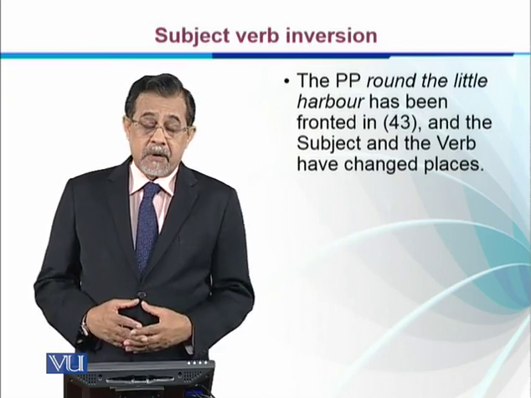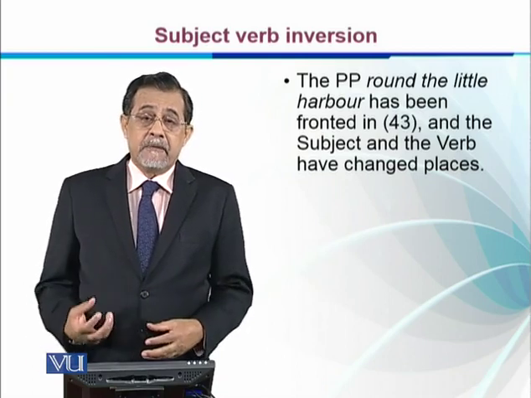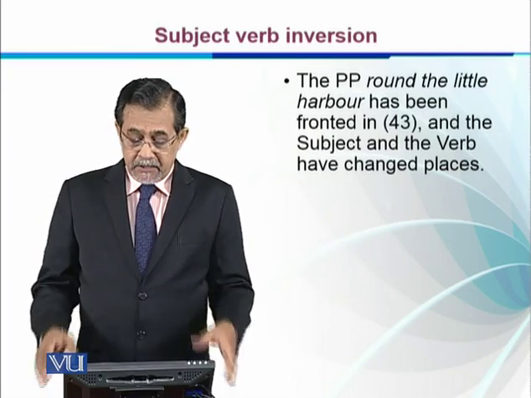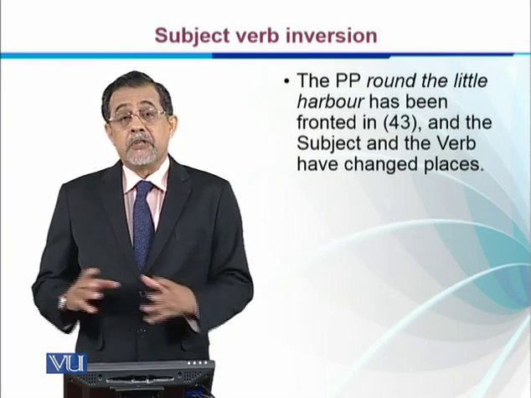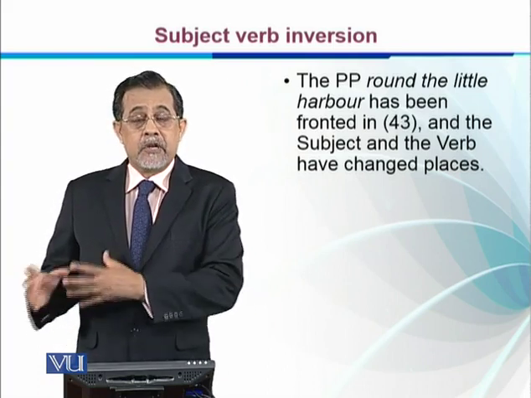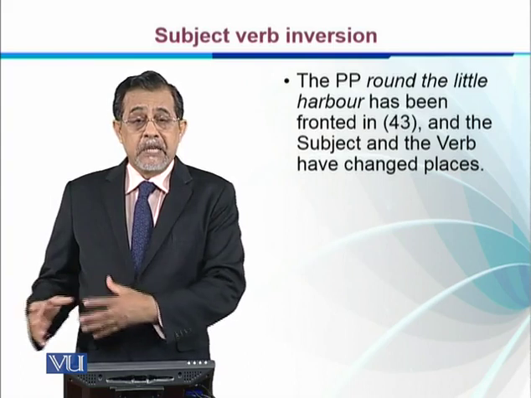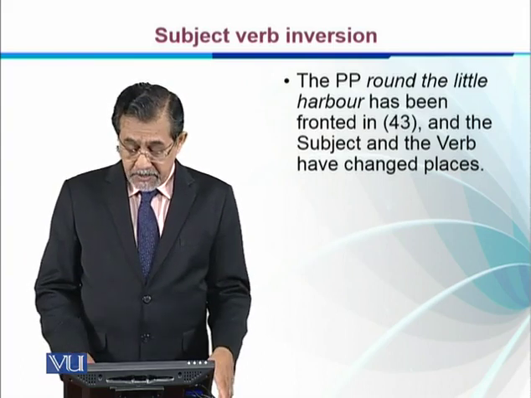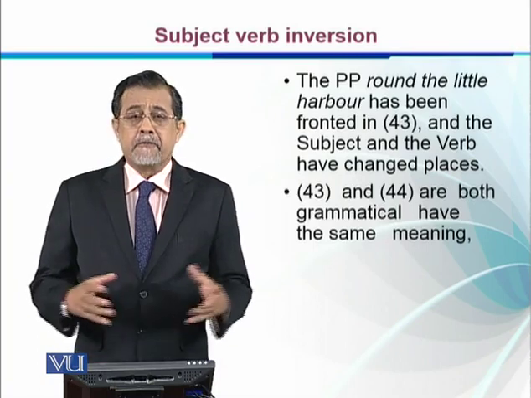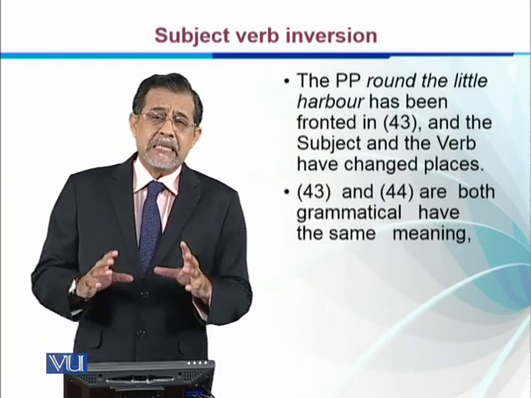So the PP round the little harbour has been fronted. This has been the phenomenon. We have put the prepositional phrase and fronted it, and the subject and the verb have changed their places. The subject, the shabby streets, has gone to the place of the adjunct complement after the verb, right? So 43 and 44 are grammatically the same.